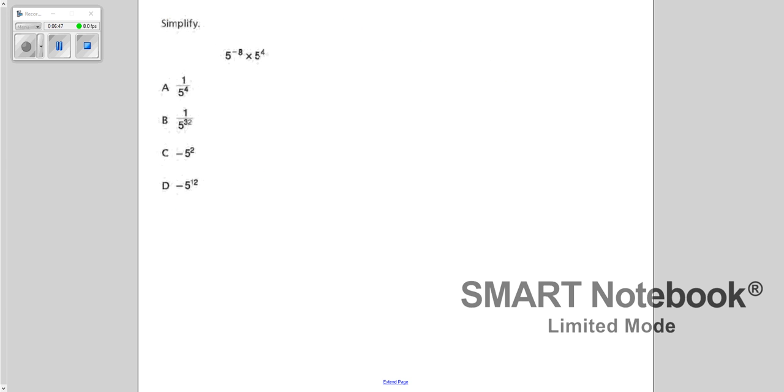Here's your first question. 5 to the negative 8th power times 5 to the 4th power. So again, pause this, try it, use your calculator. You can use your calculator for this, but you don't need to, and then unpause it.